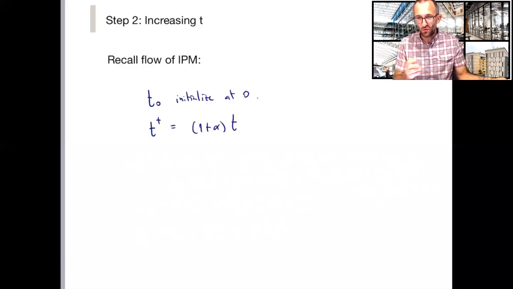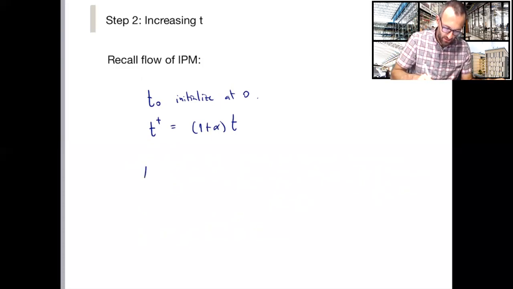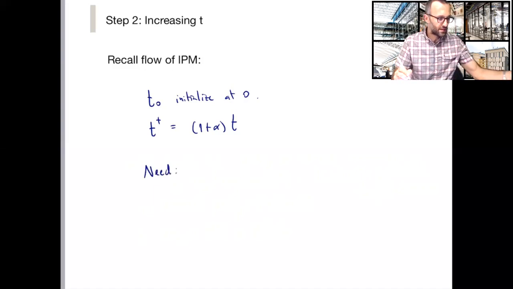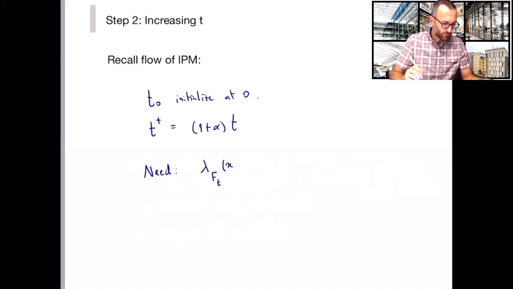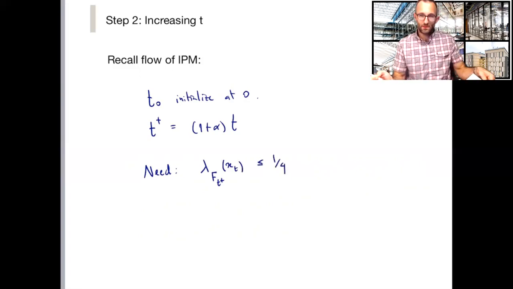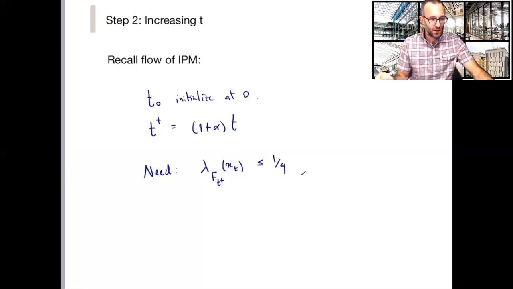If we did it at 0, of course, this multiplication would not be very productive. And so what we need is to make sure that lambda of ft plus at xt is less than 1/4. This is the main point, where again t plus is as above. So this is what we want to do.